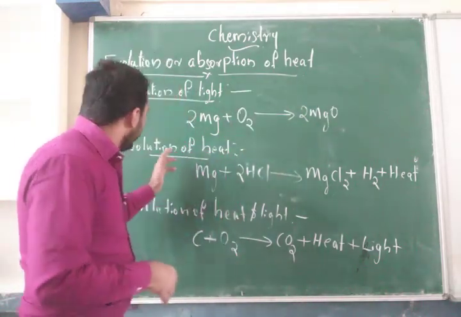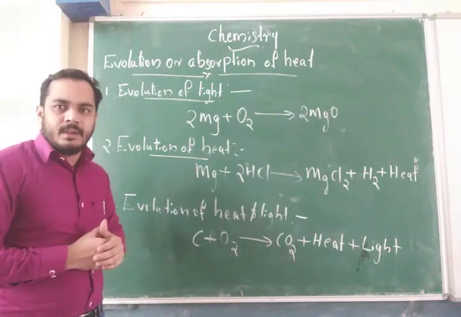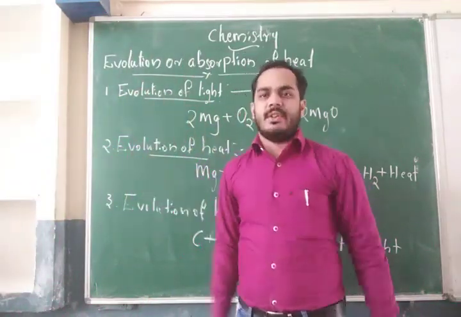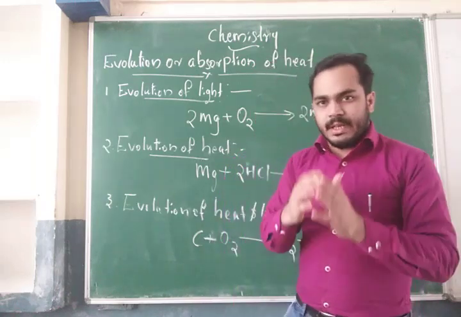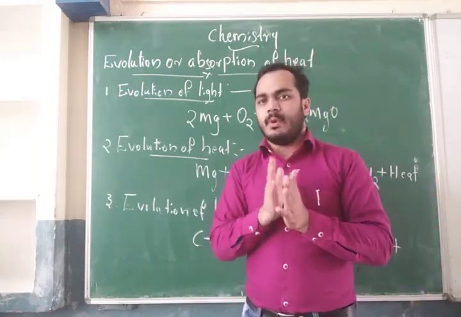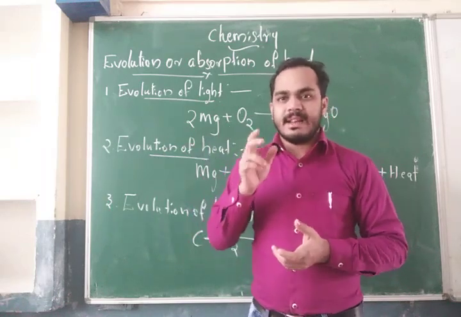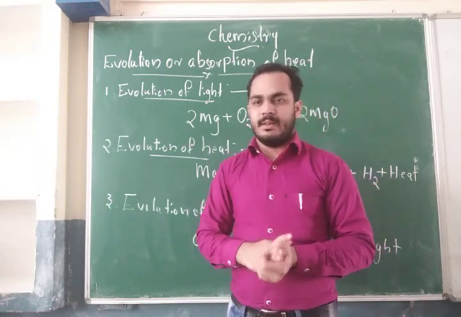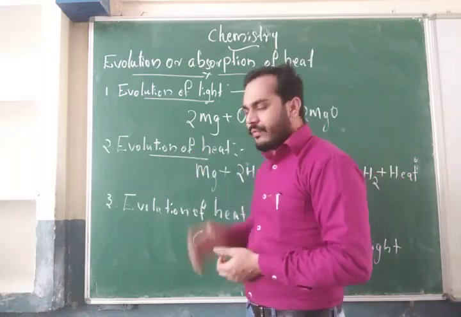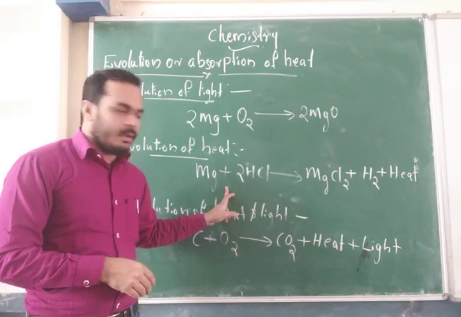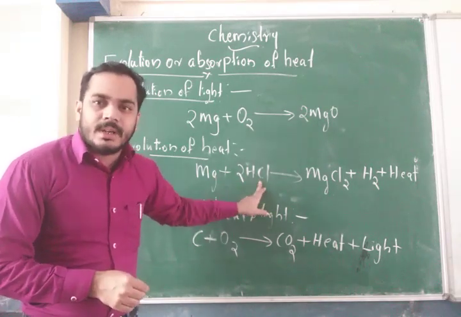And next one, evolution of heat. Some chemical reactions also produce heat energy. I will give you one example of how heat energy is formed and which reactants are needed. Here, evolution of heat: magnesium and hydrochloric acid.